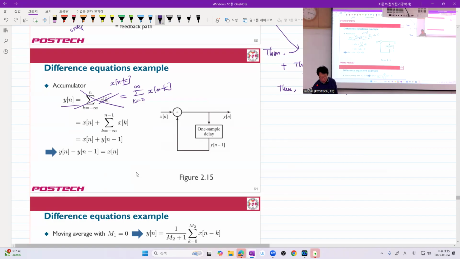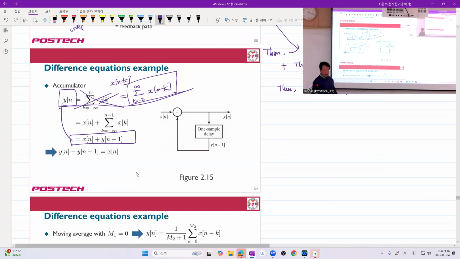Another one is that we can rewrite that as the sum of x[n] plus that one, see this relation, and replace that one with y[n-1]. And here goes something strange. This one is an LCCDE for the accumulator, and that is also an LCCDE for the accumulator.